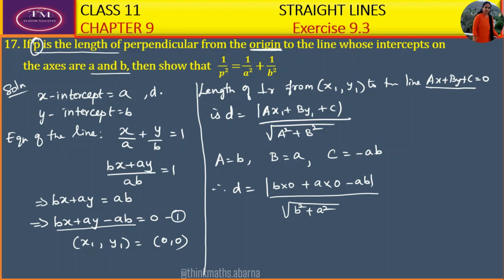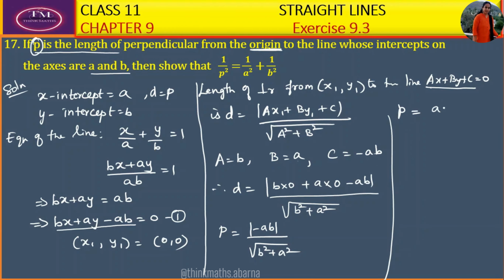Here d is given as p. So p will be equal to, this is 0, this is also 0, and we have only minus ab divided by the square root of b square plus a square. If we take modulus, minus will go out. So ab by the square root of a square plus b square.